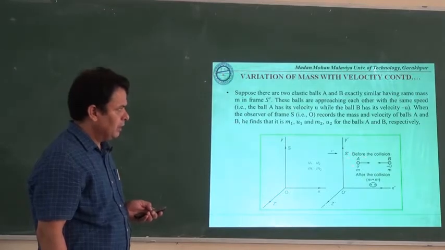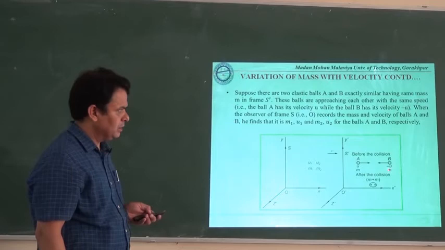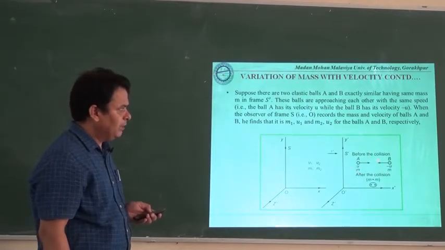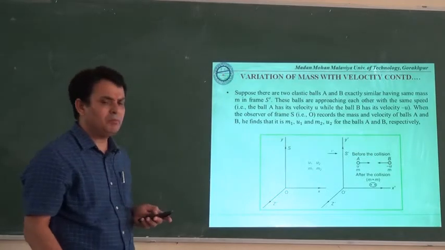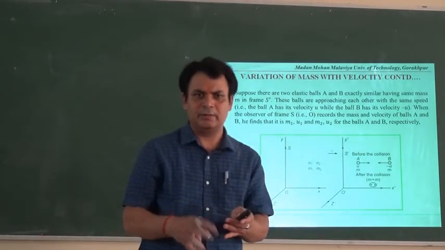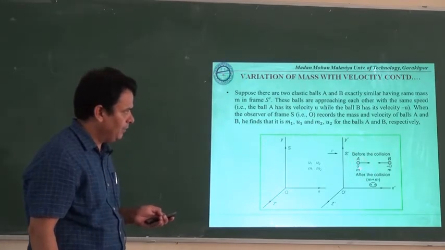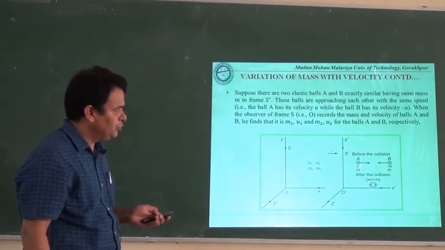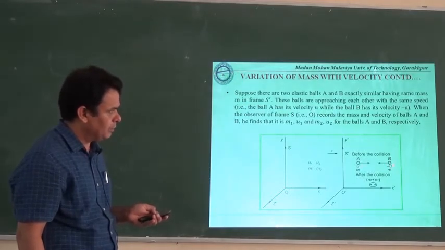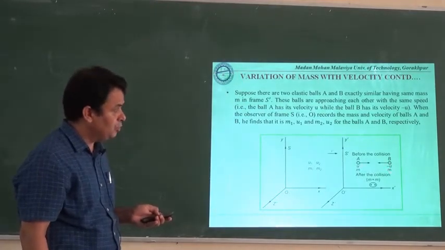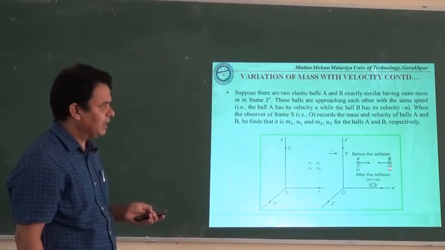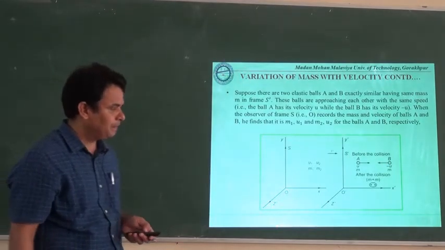Both balls A and B have the same mass M, and both have the same speed but in opposite directions. Ball A is moving in this direction with speed u, and ball B is moving in this direction with speed u, but the velocity will be minus u because the direction has changed.